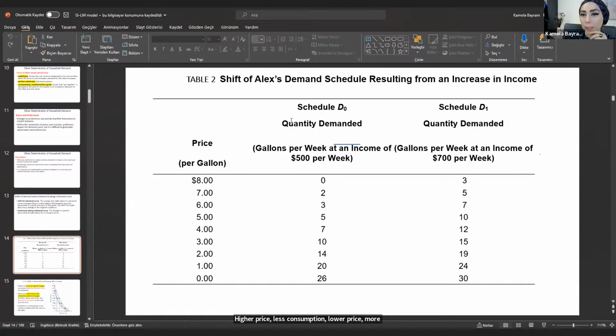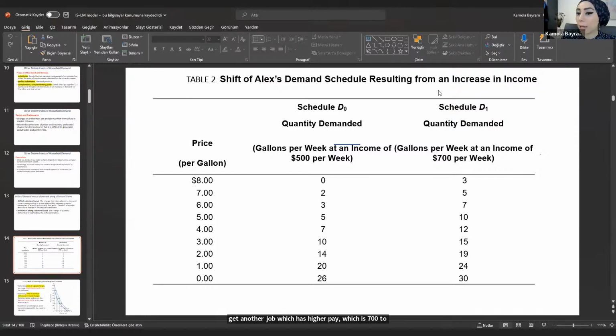For example, again, we are moving to Alex. Shift of Alex's demand schedule resulting from an increase in his income. So Alex was having 500 USD per week. It was his initial condition. And now, in our first example, Alex got promoted, or he got another job which has higher pay, which is 700 USD per week.